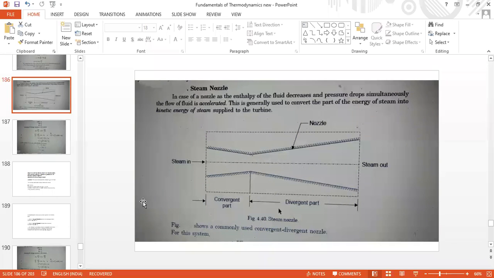Recollect the purpose of nozzle. These are all basic intuitions.